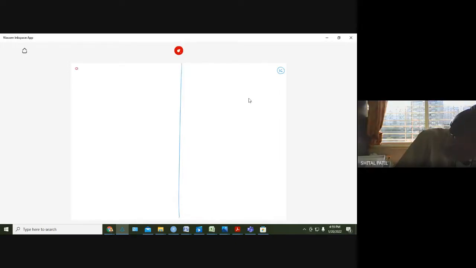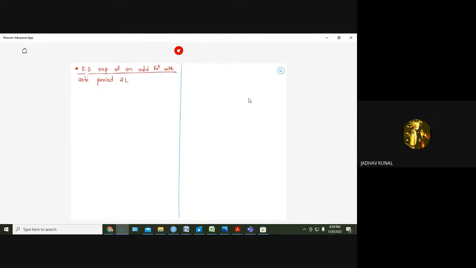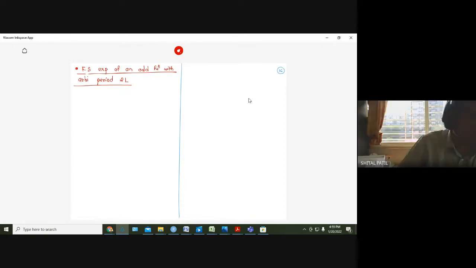Fourier series expansion of an odd function with arbitrary period 2L. Write with me.